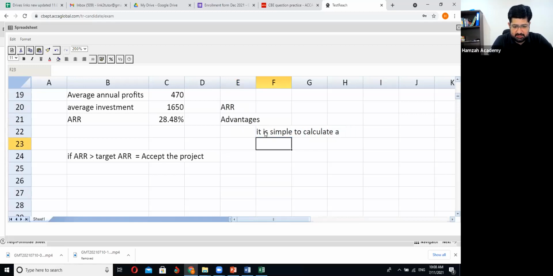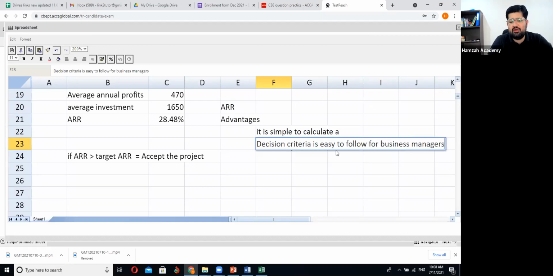The decision criteria is easy to follow for a business manager. It means those who don't have a finance background can even follow it easily.